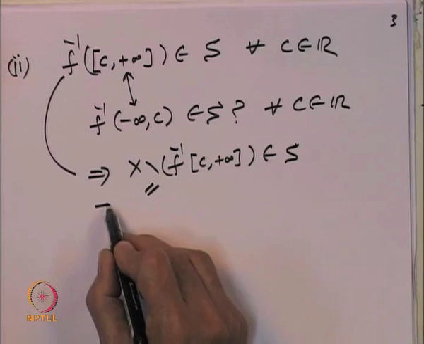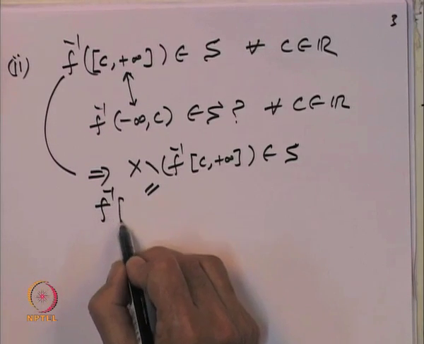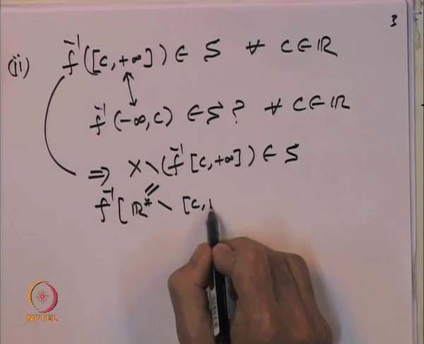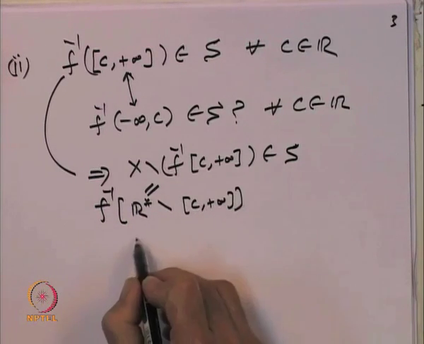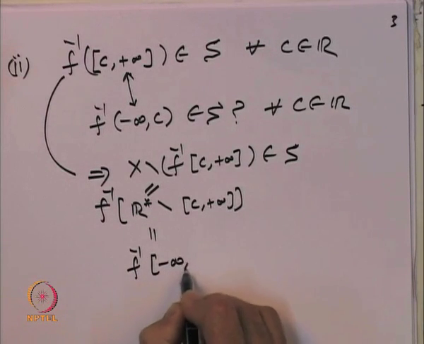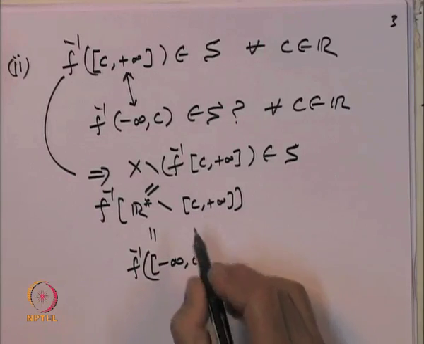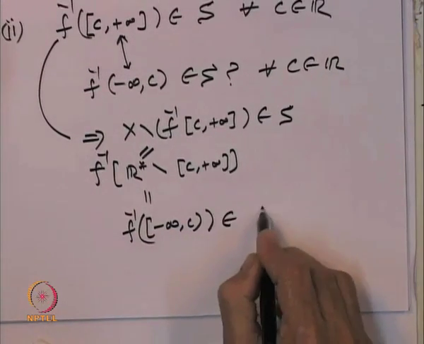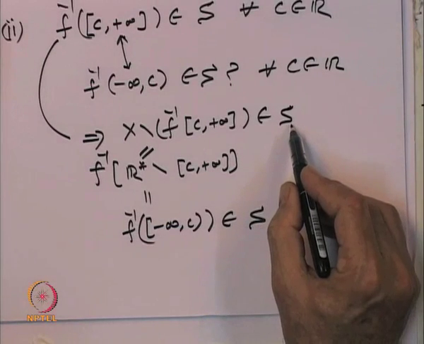So, this set is equal to f inverse of R star minus c to plus infinity, and that is equal to f inverse of minus infinity to c open, because here c is closed. So, this also belongs to S, because S is a sigma algebra.